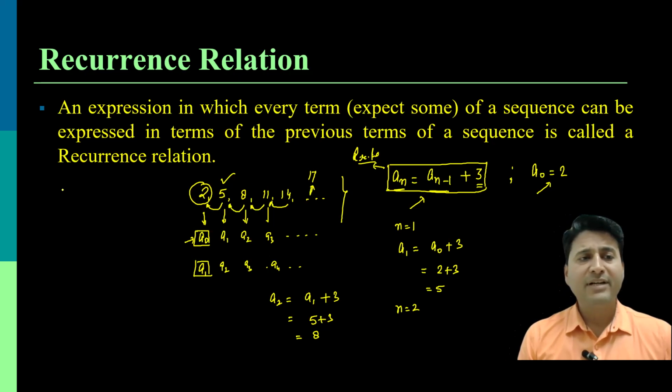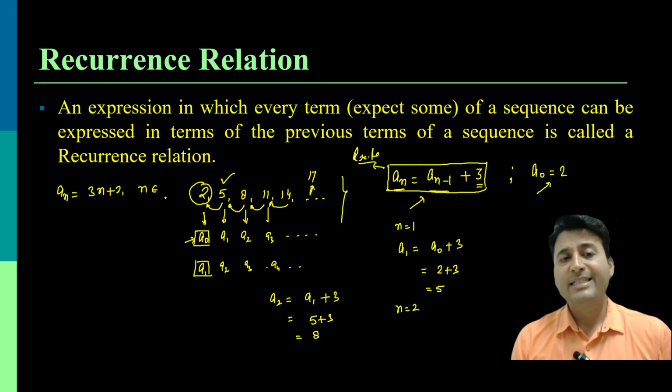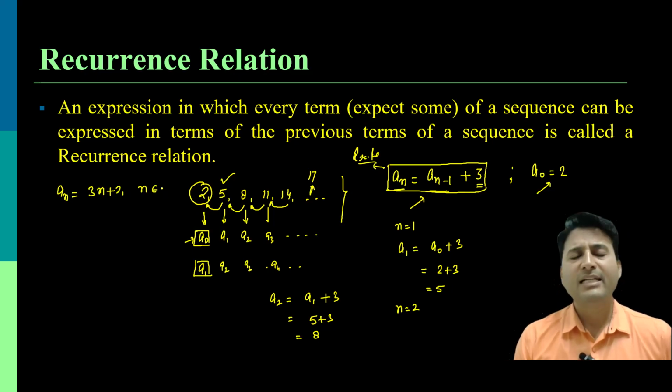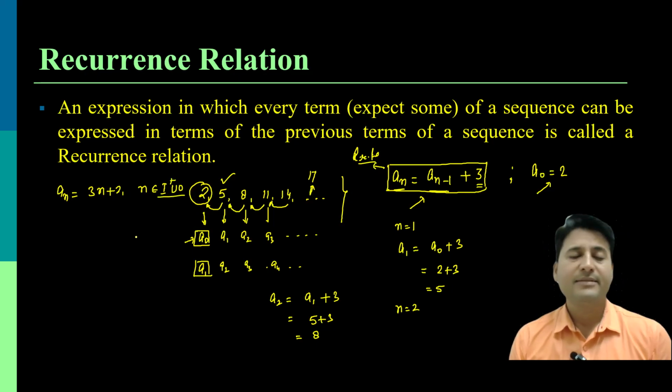For the same thing, if I want to write something else like an equals 3n plus 2, where n comes from the set of integers, let us take including 0, so non-negative integers. On the positive side, including 0, I am taking this.